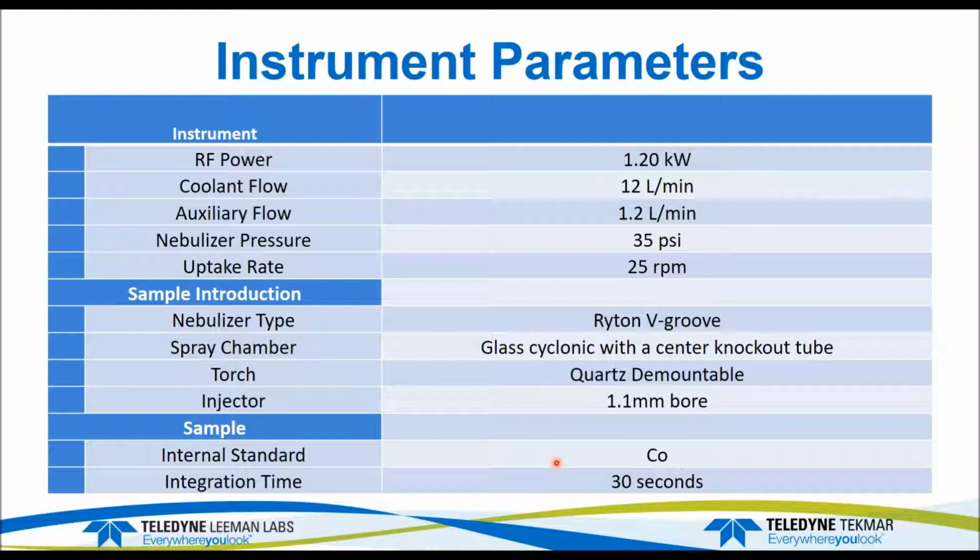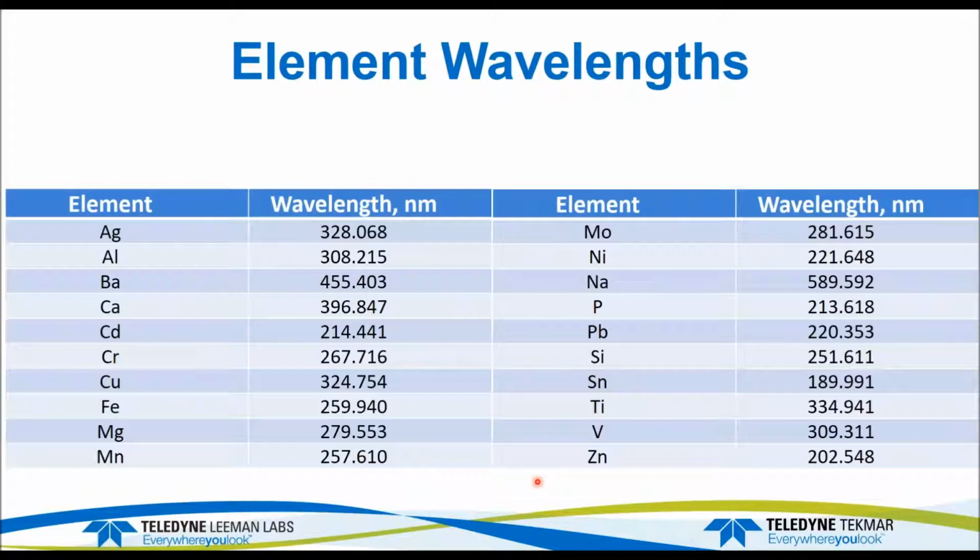So we used the internal standard to correct for that. The integration time we set to 30 seconds, which is pretty typical. 15 seconds would probably work pretty well too. What we want is really good precision. The element wavelengths are all typical primary wavelengths for all the elements that we were looking at here.